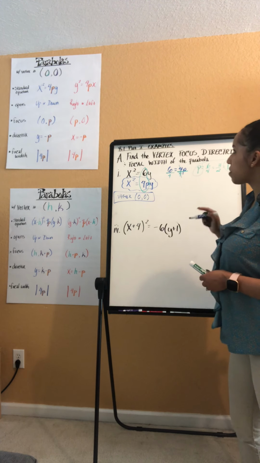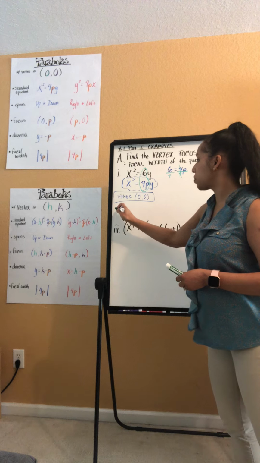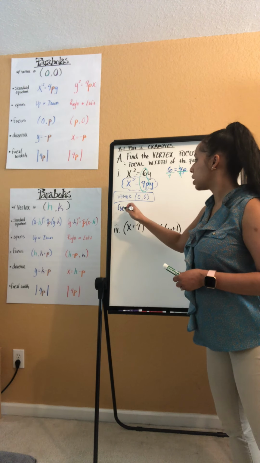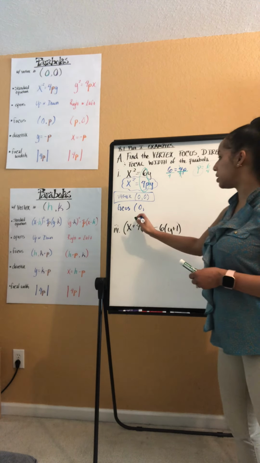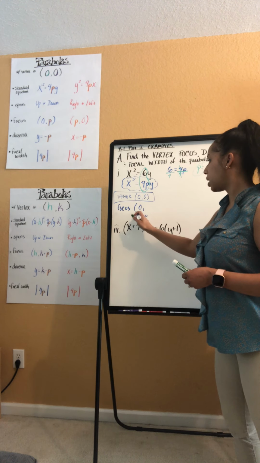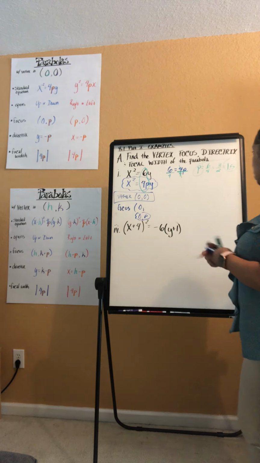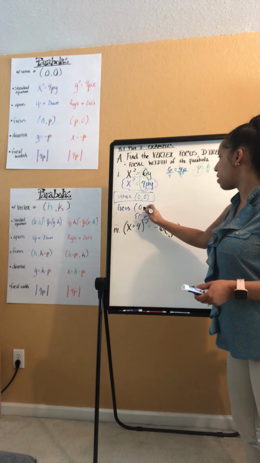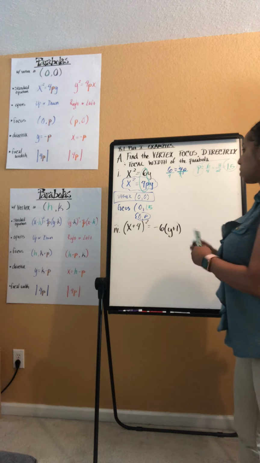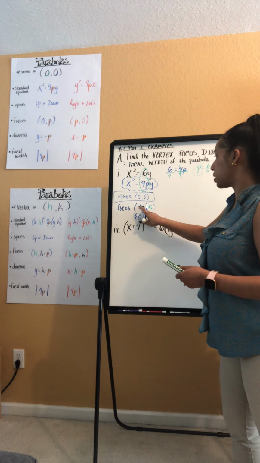Okay, focus. The focus on the blue side is supposed to be 0, comma, p. Y'all see that? It's 0, p. And my p I just found was 1.5. So 0, 1.5. Those are the coordinates of my focus. That was our point.